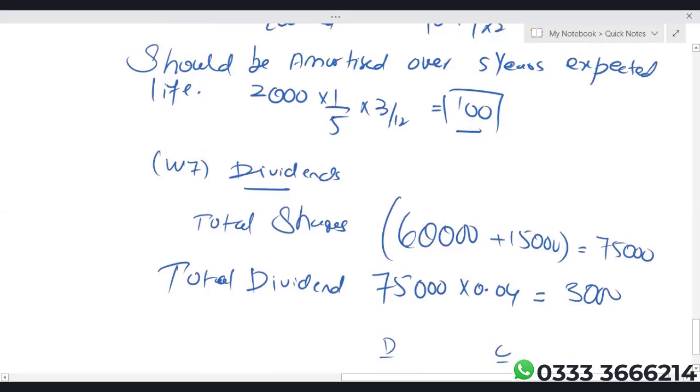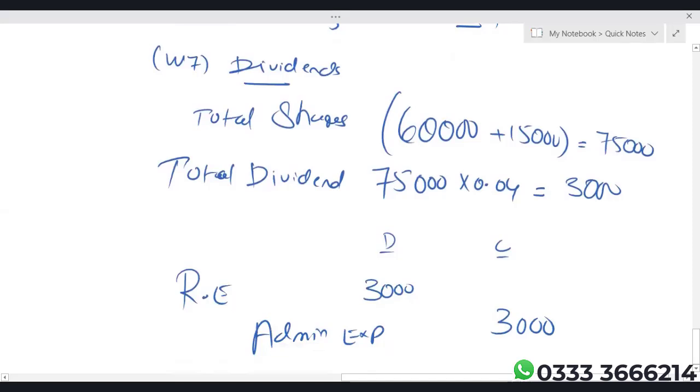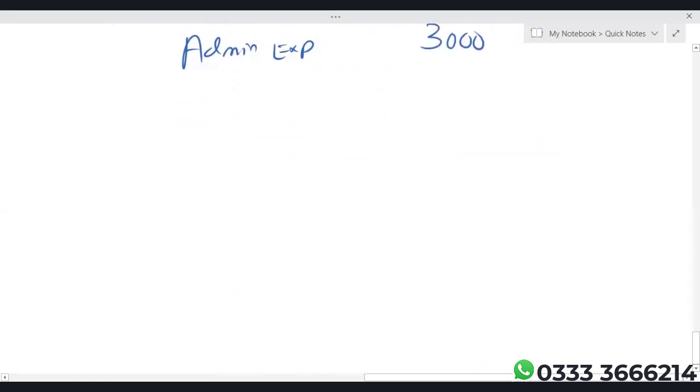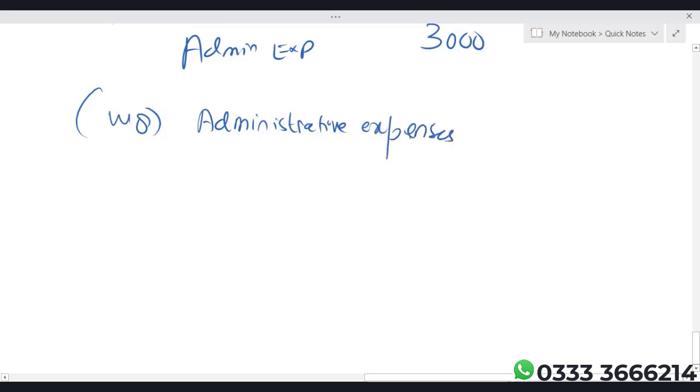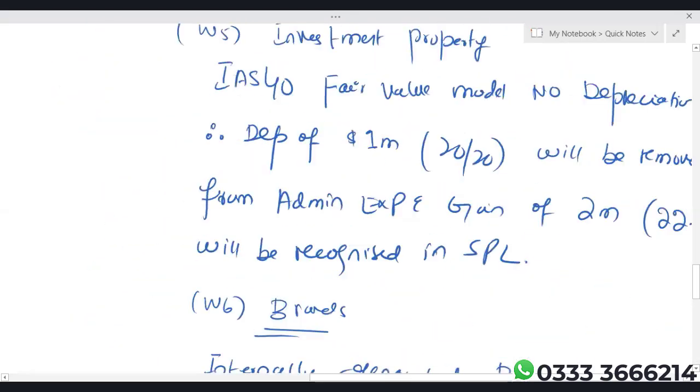Now let's go for working 8. Let's calculate administrative expense, what is actually going to come in the P&L. Let us first take the value from the trial balance, and then we did so many adjustments to the admin expense.